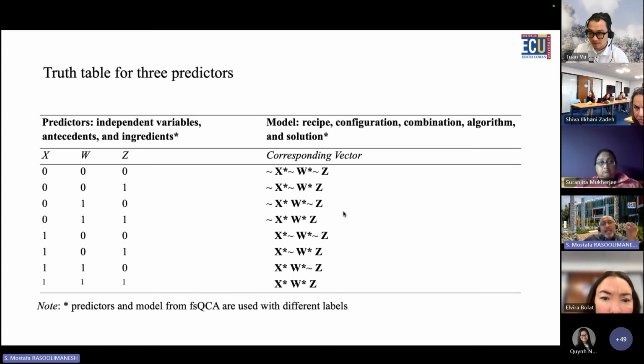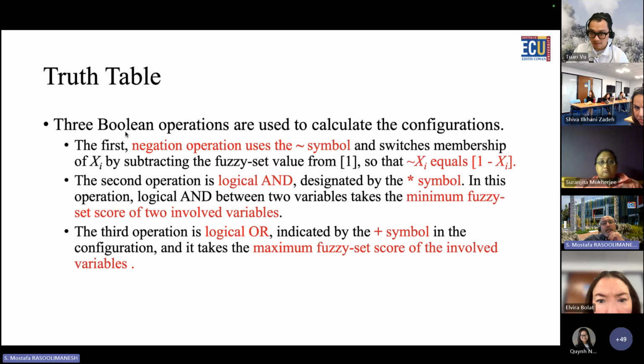And then based on some Boolean operations, actually the QCA and of course FSQCA, now you know the difference between QCA and FSQCA. When we use FSQCA, it means we use different calibration values for QCA. For FSQCA, we use Boolean algebra, not conventional algebra and statistics.